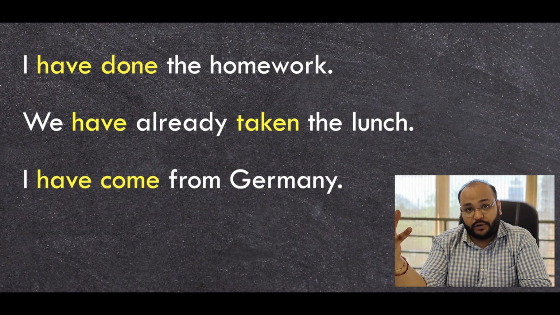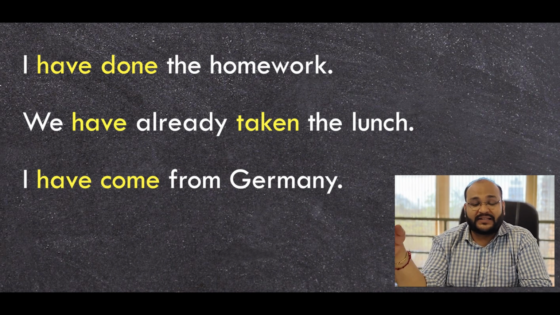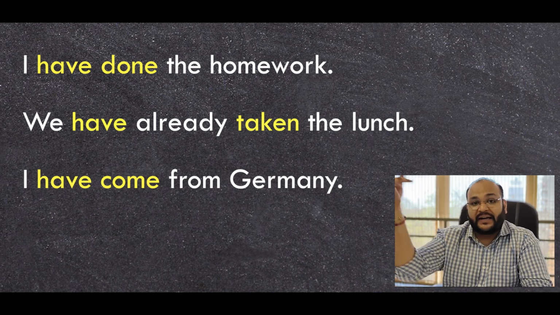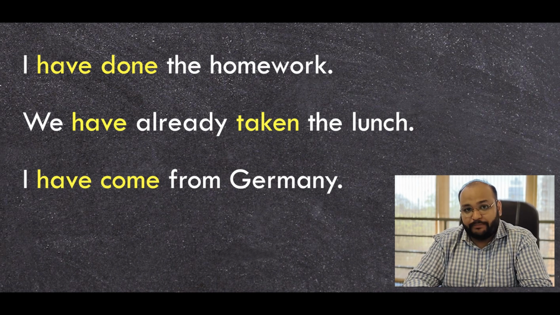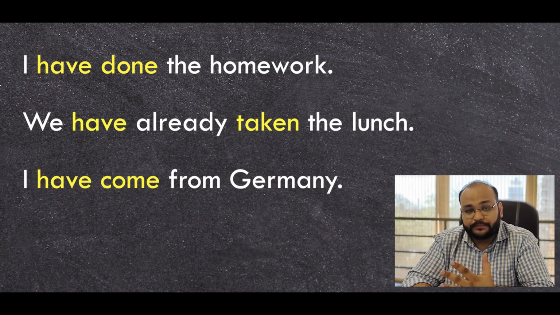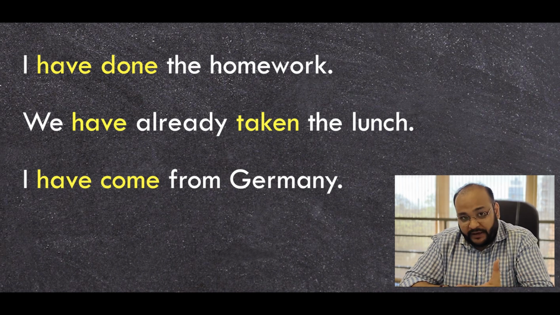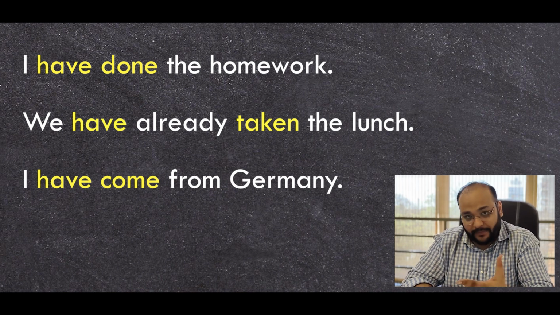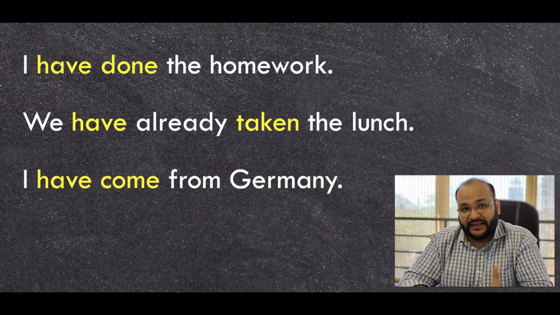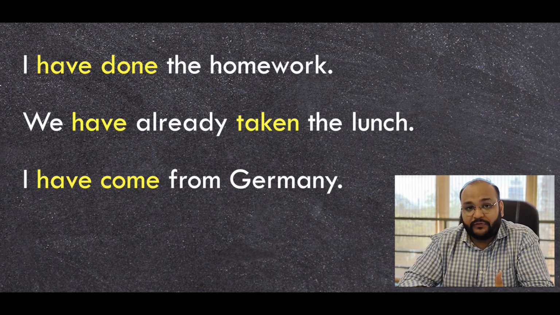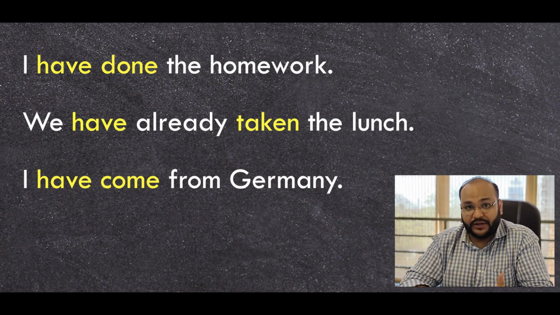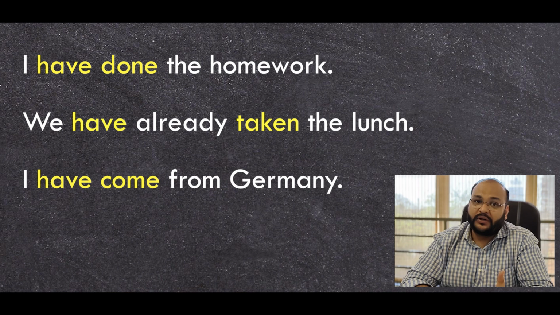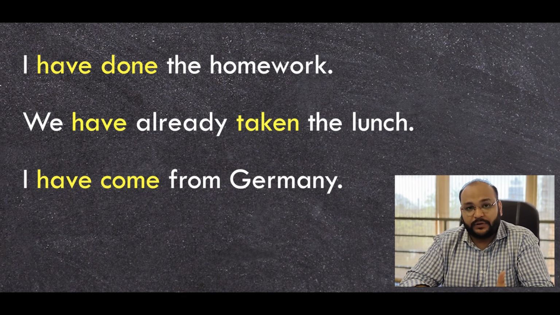Obviously, it remains unconjugated, but its form is decided by the form it has in the English language. Now, in our examples, I have done the homework, we have already taken the lunch, and he has come from Germany. In these three sentences, we have observed that the verb of action is in past participle in English, and so in German also it will be in past participle.